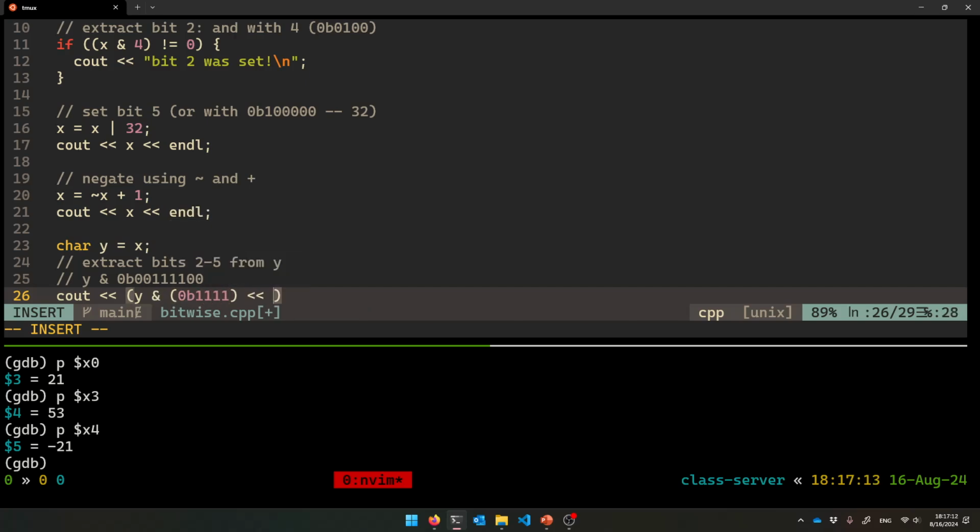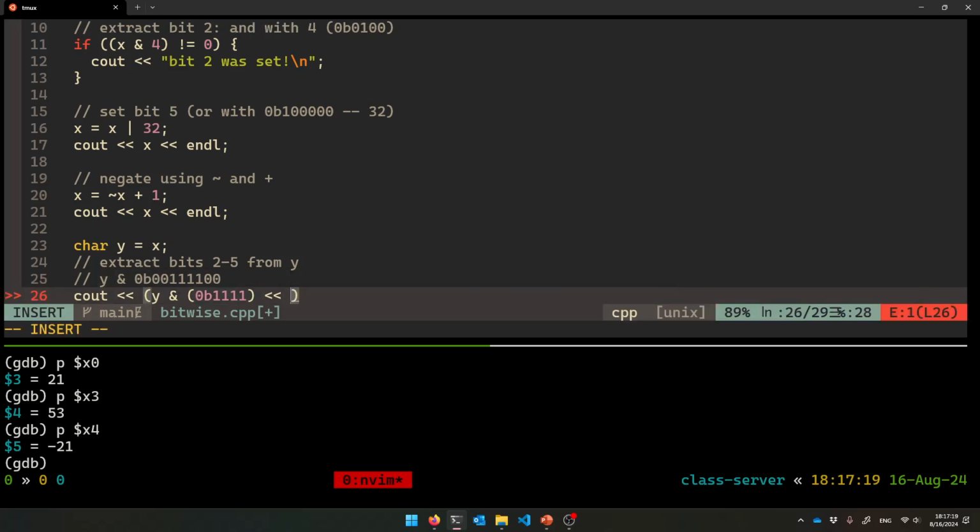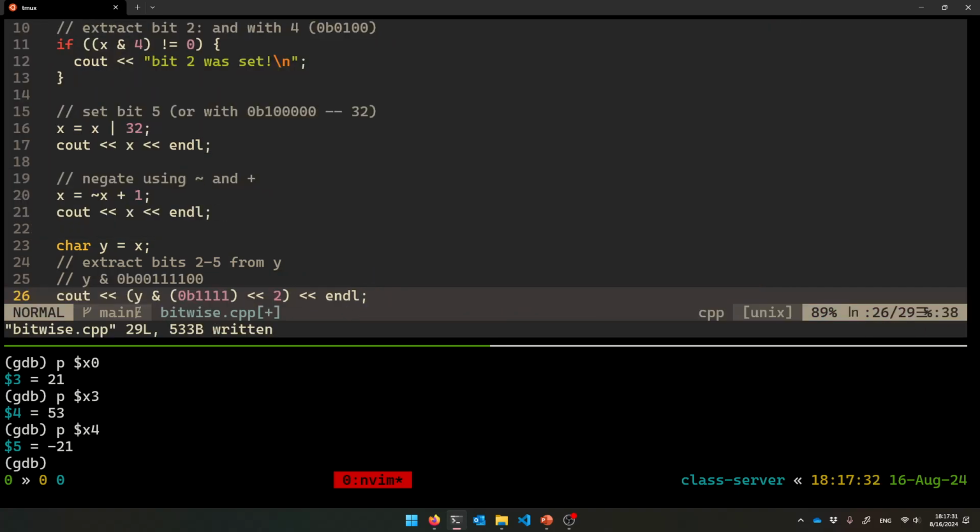If you didn't feel like writing a bunch of zeros, this is useful when you have larger bit positions that you care about. You can just shift that left by 2, and do you see how that will produce this number? 1, 1, 1, 1, 0, 0, because it'll bring in 2 zeros since you're shifting left. Isn't that cool? So let's extract those bits and see what happens.